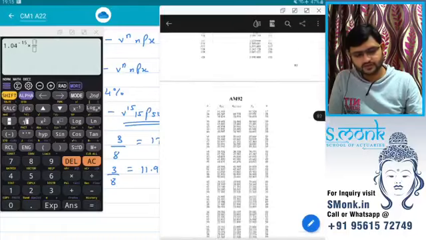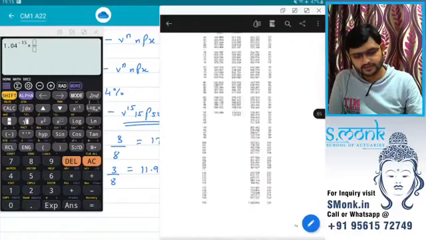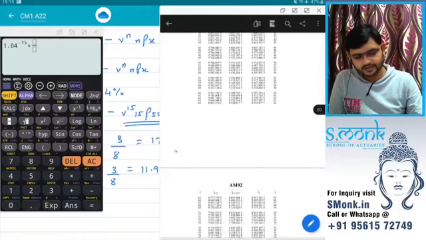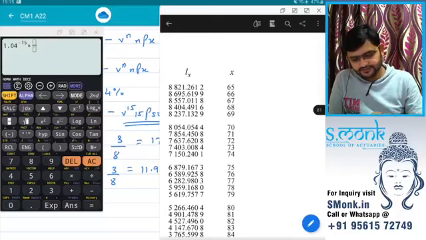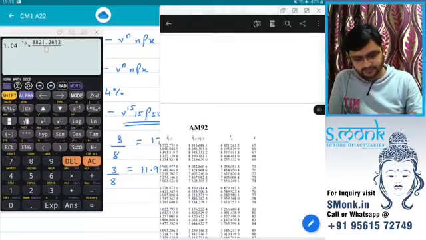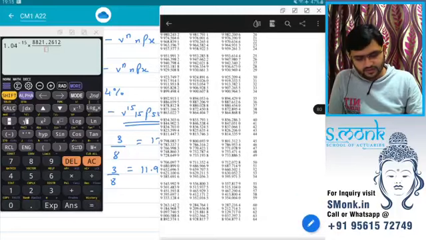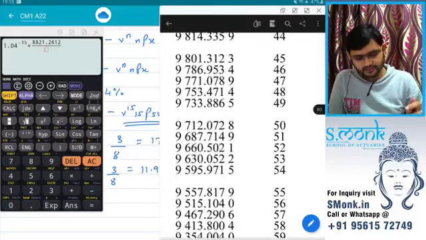For p, we will go to again our L table. Here we have our L table. L65 over L50.